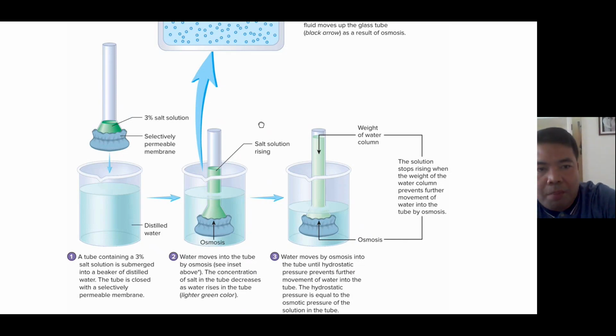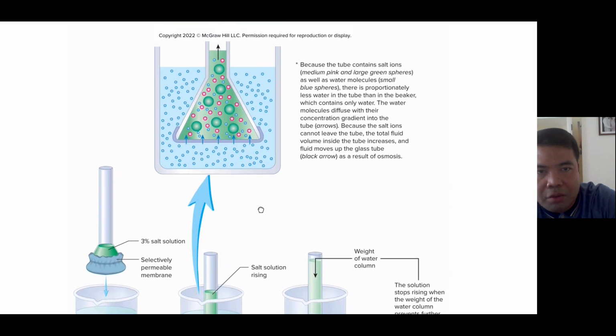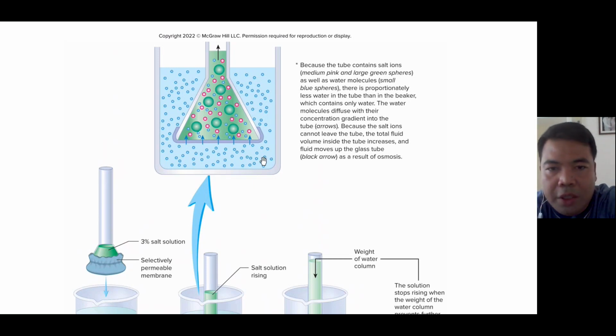Now, when you submerge that solution into a beaker containing only distilled water, because the tube contains salt ions, which is represented by those medium pink and large green spheres, as well as water molecules, small blue spheres, there is proportionately less water in the tube, di ba? Than in the beaker, which contains only water. O, mas maraming tubig dito sa labas kaysa doon sa loob.